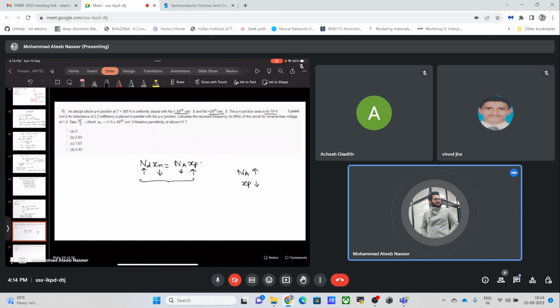Since we know the p-n junction will have some capacitance associated with it, and we are using an external inductor and keeping it in parallel with this p-n junction, there will be an LC kind of circuit that we will be getting.